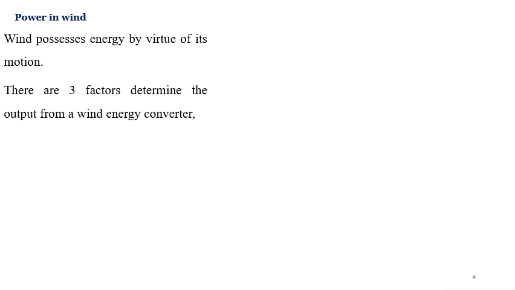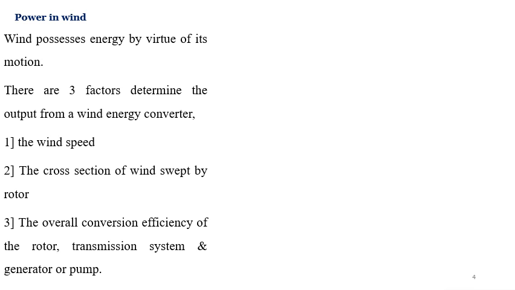There are three factors used to determine the output from a wind energy converter. Number one is wind speed, number two is the cross section of wind swept by the rotor, and number three is the overall conversion efficiency of the rotor, transmission system and generator or pump.